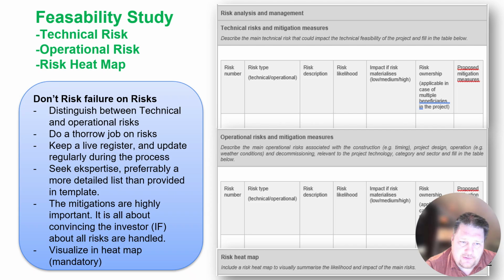You need to do a very thorough job on the risk register. I will recommend to keep your risk register a live document. Bring it up every month at least during the application writing, and keep it updated also after the submission of your proposal.